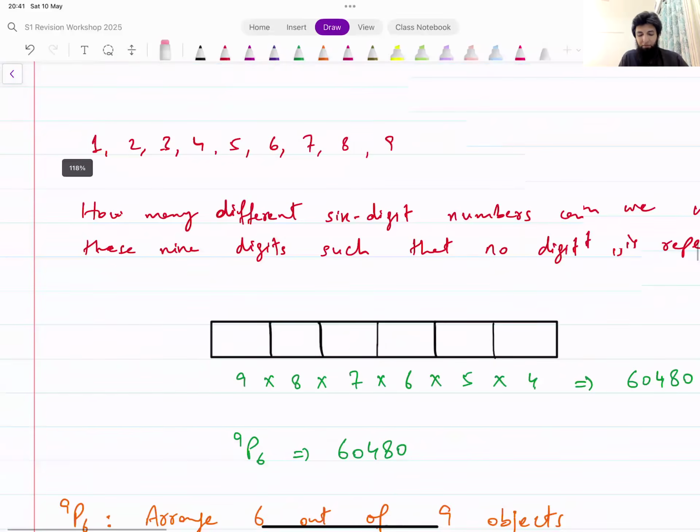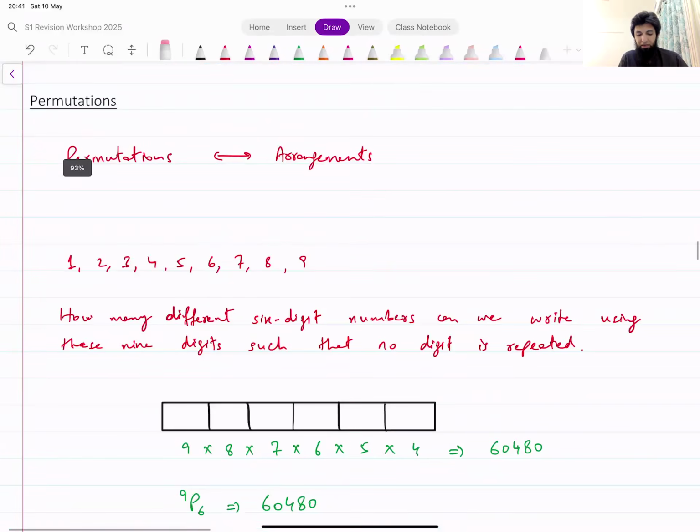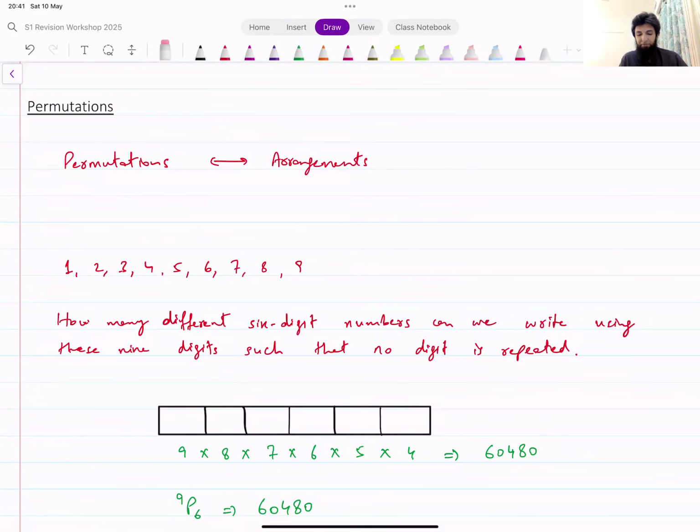Let's consider this scenario. We've got 1, 2, 3, 4, 5, 6, 7, 8, 9. How many 6-digit numbers can we write using these 9 digits so that no digit is repeated? Now, earlier we could think of it like this. It's a 6-digit number.